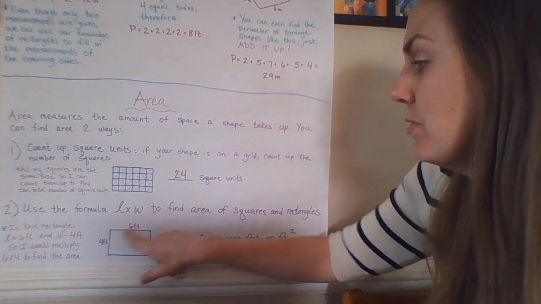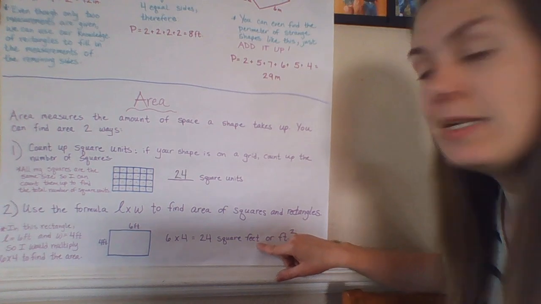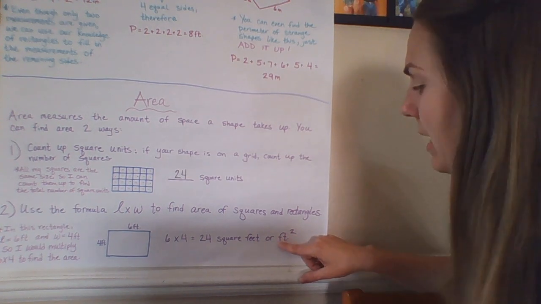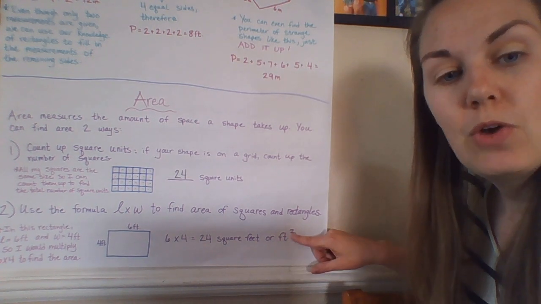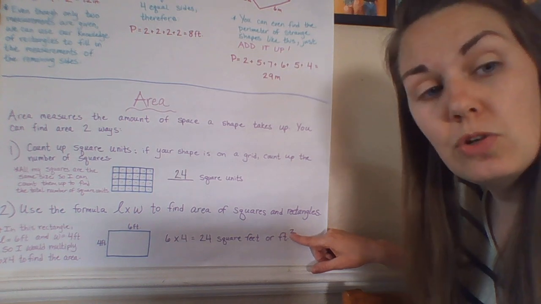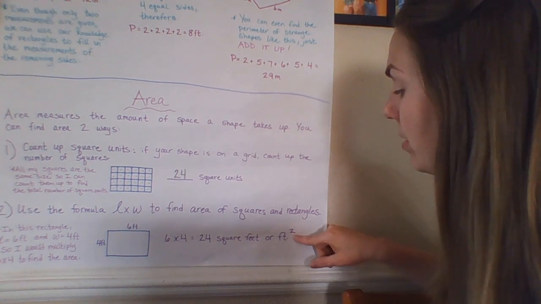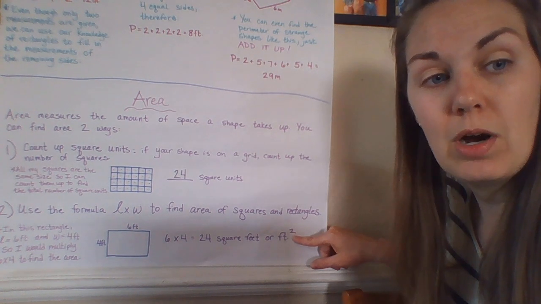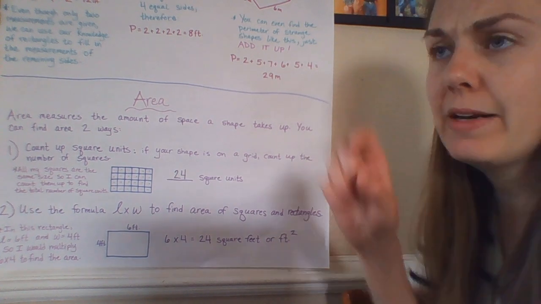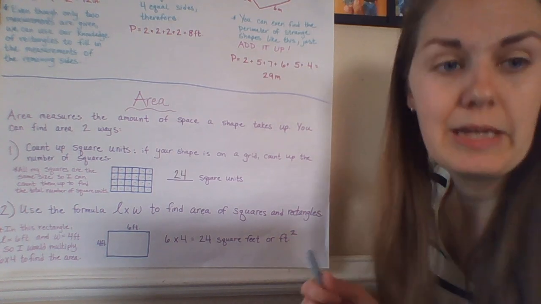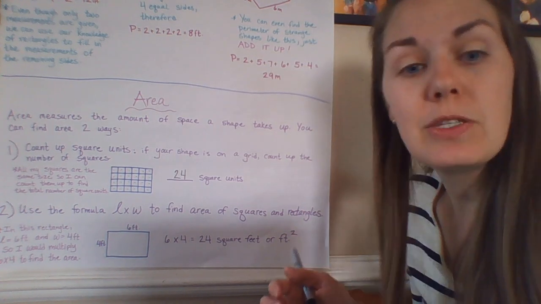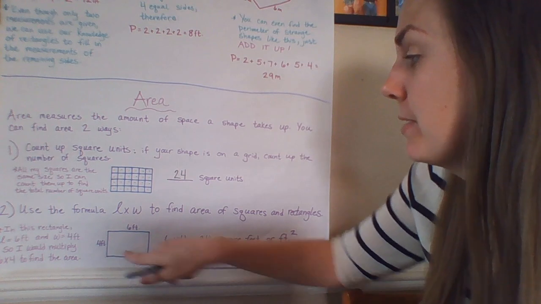So 6 times 4 would be 24 square feet. We can also write it this way, with the abbreviation for feet with a little 2. That 2 is called an exponent, and it means that you are taking that number, and it basically stands for squared. So feet squared, or square feet.